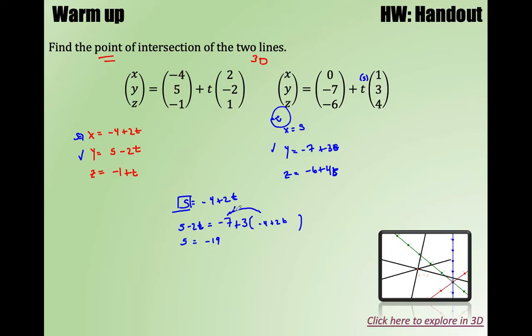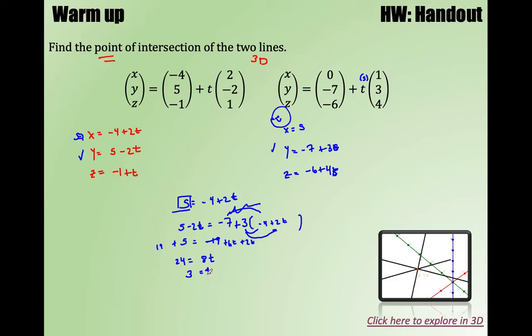Oh, sorry, -7 minus 12, but then I also have a 6t right here, and the 6t is going to have this 2t added to it. And then I'm going to take this -19 and add it over here. So I end up with 24 is equal to 8t, which means t is equal to 3.